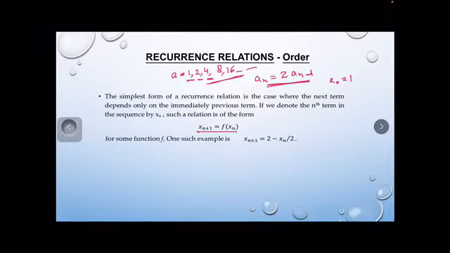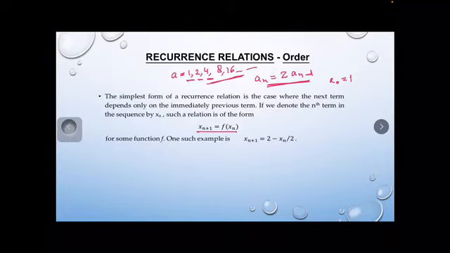One more thing is that we can represent our recurrence relation in terms of an and an minus 1, or an plus 1 and an. Both are the same. Here the nth term depends on n minus 1, and here n plus 1 depends on the previous term n. For example, xn plus 1 equal to (2 minus xn) divided by 2.